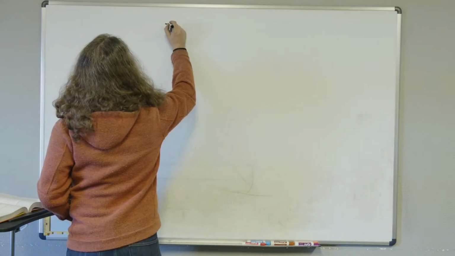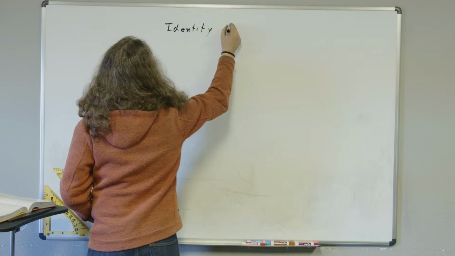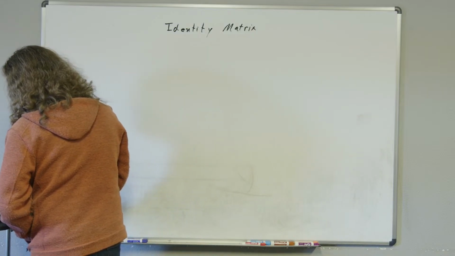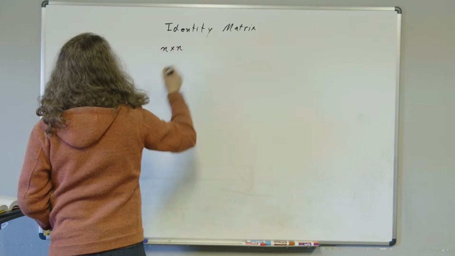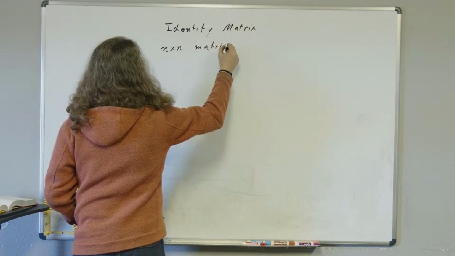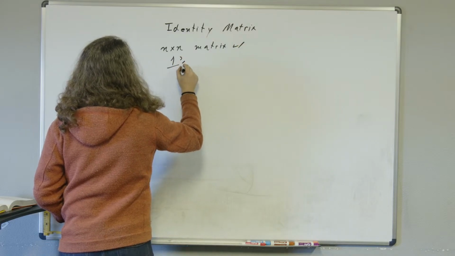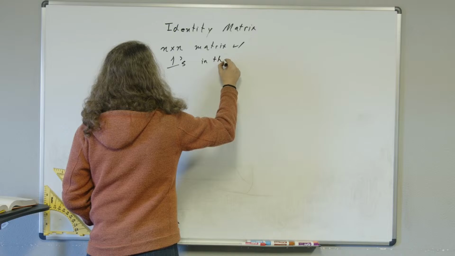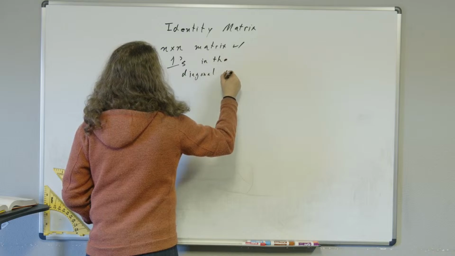So we need a definition, identity matrix. An identity matrix is a n by n matrix with ones in the diagonal and zeros everywhere else.